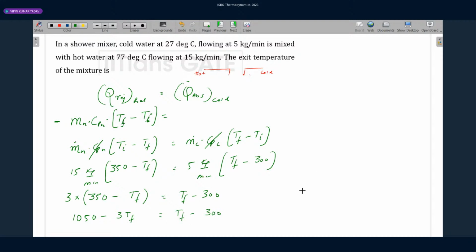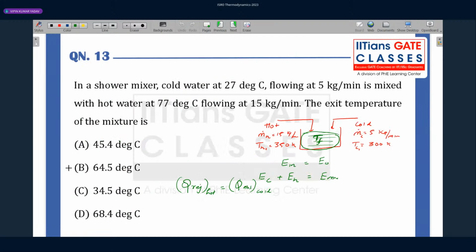So 1050 minus 3TF is equal to TF minus 300. If I solve this, I get TF equal to 337.5 Kelvin, or 64.5 degrees Celsius. This is your right answer. B is the right answer. I hope this is clear.